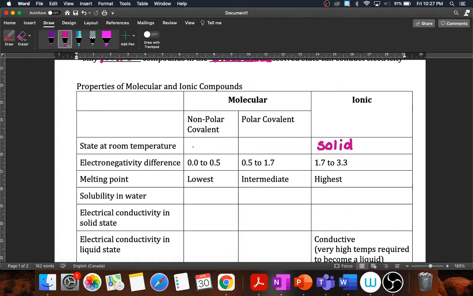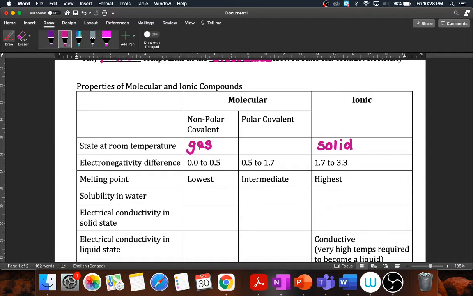Nonpolar covalent compounds, on the other hand, their melting points and their boiling points are so low that by the time we get to room temperature, they are a gas, right?